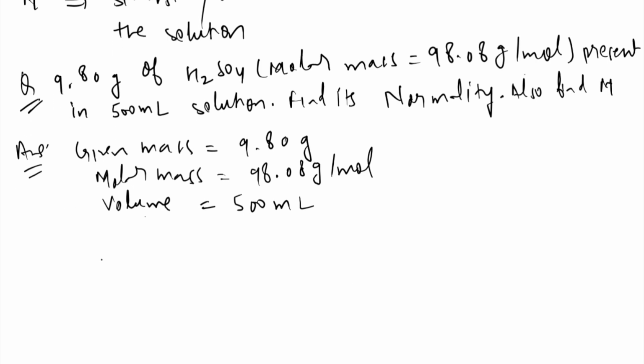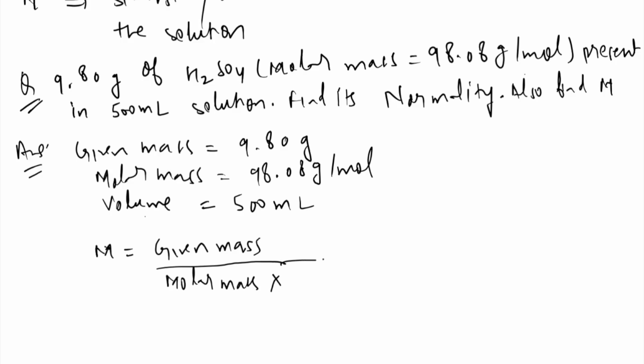Okay, so in the case of molarity, this is quite simple or straightforward. Molarity is given by given mass divided by molar mass multiplied by volume. Since volume is in ml, I have to take into account the factor 1000.